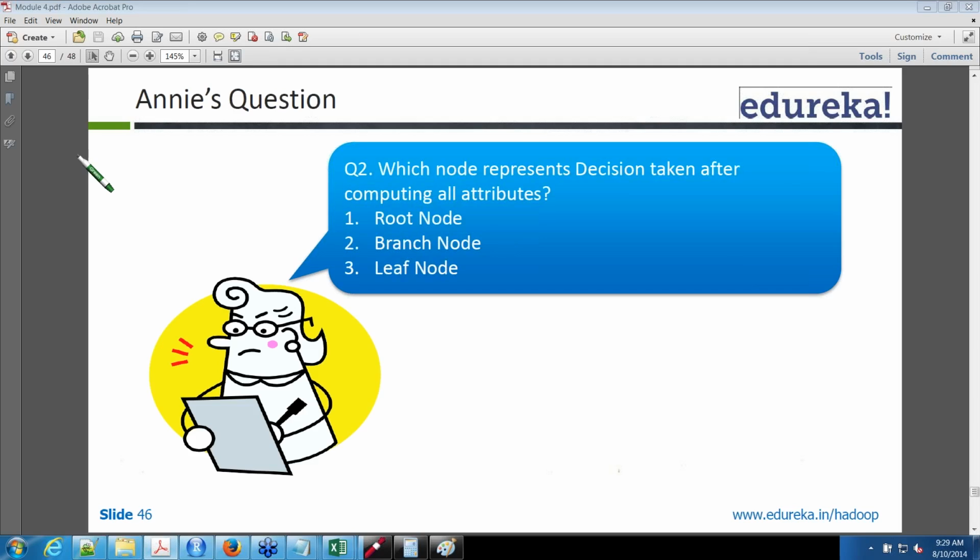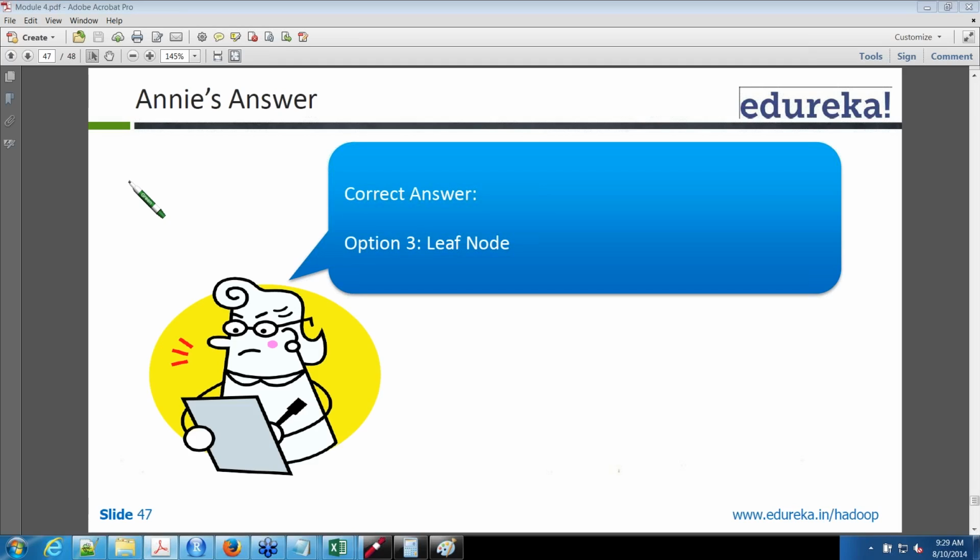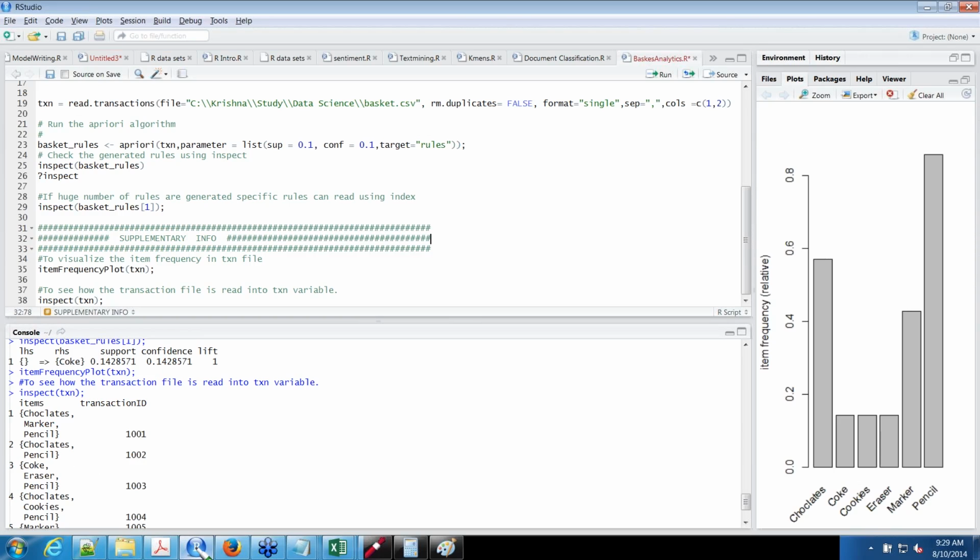Which node represents the decision taken after computing all attributes? It's the leaf node. Excellent. Now we'll see an example.